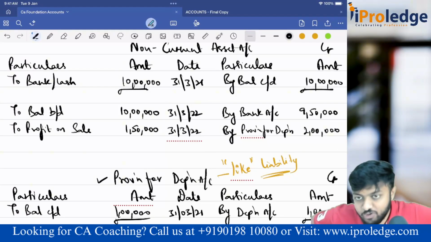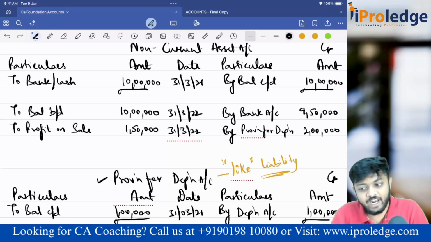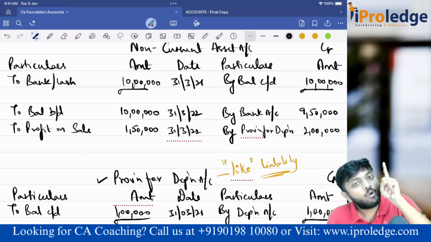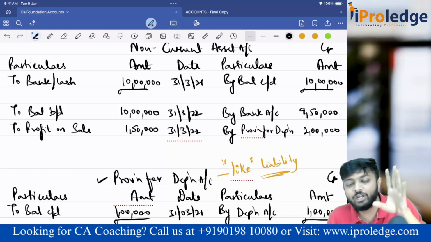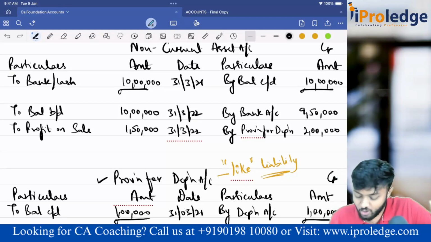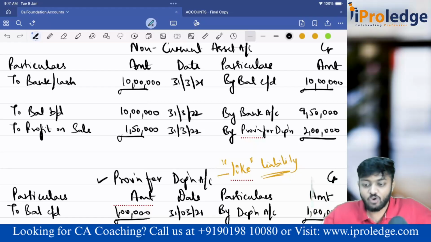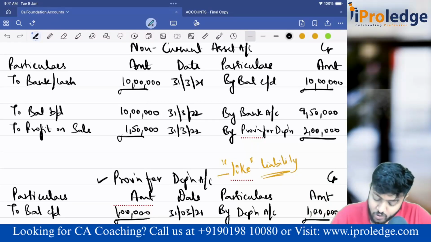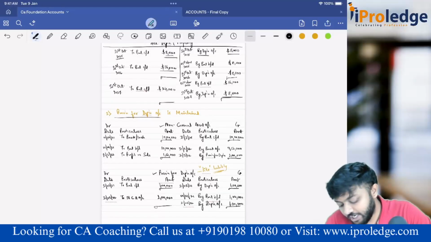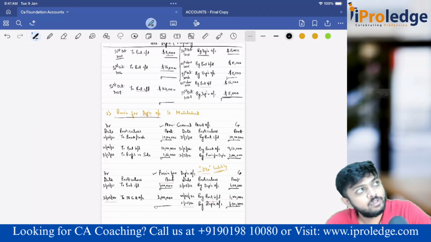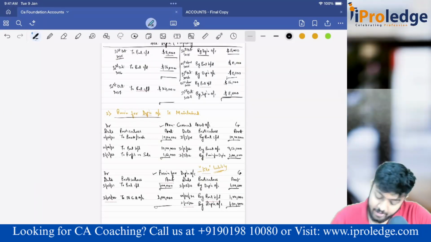Now all the sale entries are passed, and in our example we had only one asset and that asset is sold, so technically the balance should now be 0. The 11 lakh 50 on each side, the balance is 0. Automatically the accounts are closed. This also closed, this also closed. Understood? Any doubts?